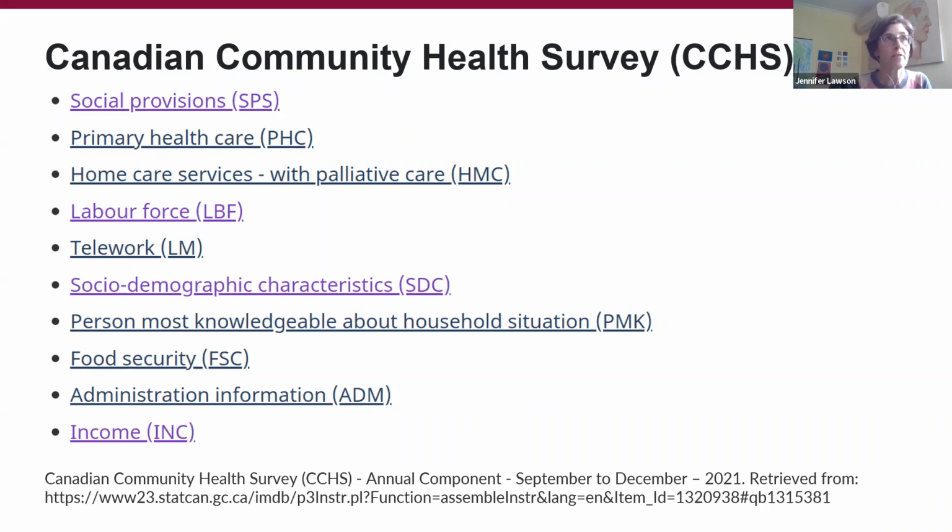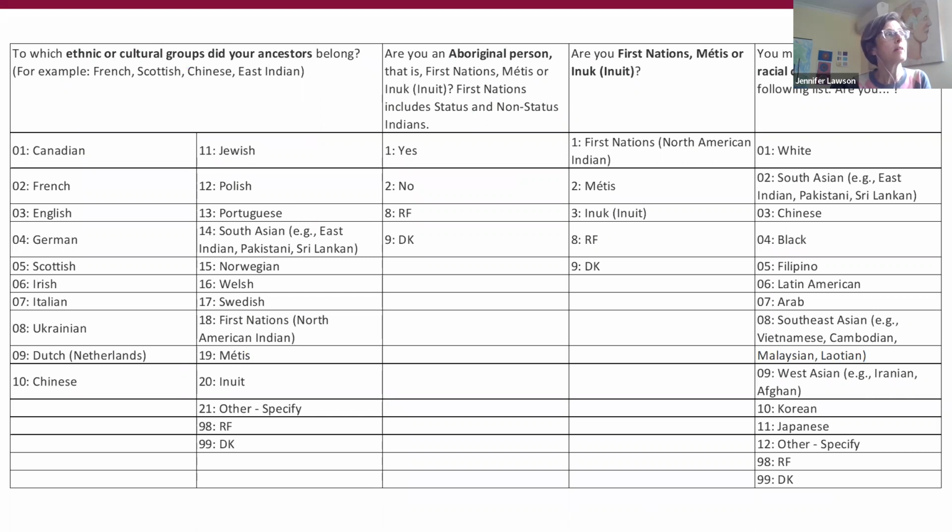Several socio-demographic data domains are included in the survey, as highlighted here. And in the absence of other standards, these questions and preset answers often form the template on which other research is based. However, the ethnic, racial, and Indigenous categories have been named as inadequate for some.